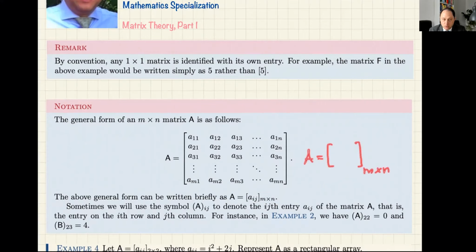This means that this matrix that I am thinking about is an m-by-n matrix. And then I just write a typical entry inside my matrix, and I write an index i and j. So of course, it is clear that here i is a natural number which runs from 1 to m inclusive, and j is an index, a natural number which runs from 1 to n inclusive, yes?